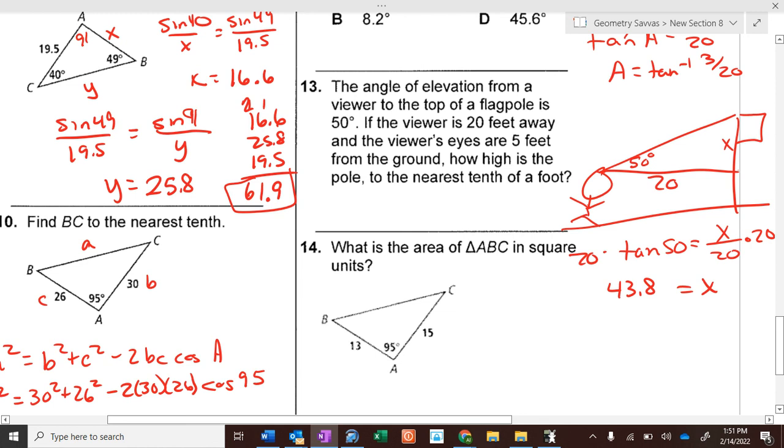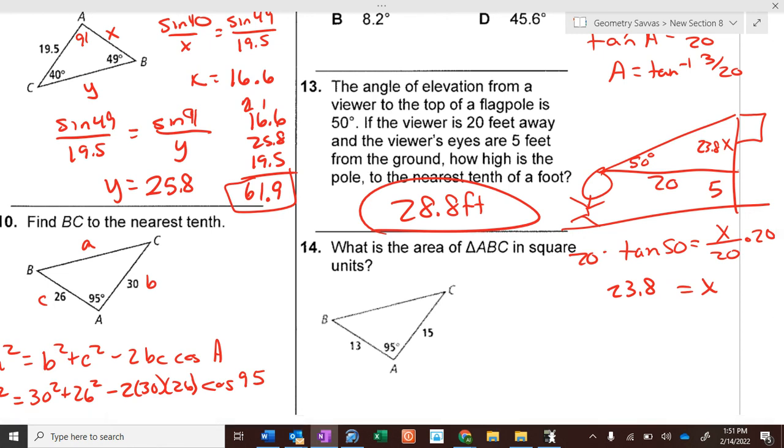23.8. Okay, but that's not our final answer. 23.8 is this part of it. There's another 5 feet under it, so it's 28.8 feet. So those of you who put 23.8 on your worksheet, make sure you add the extra 5 feet for how tall that person's eyes are above the ground. Okay? All right.